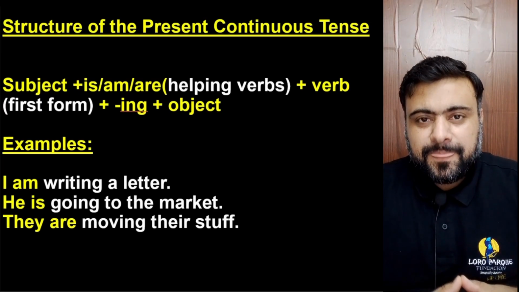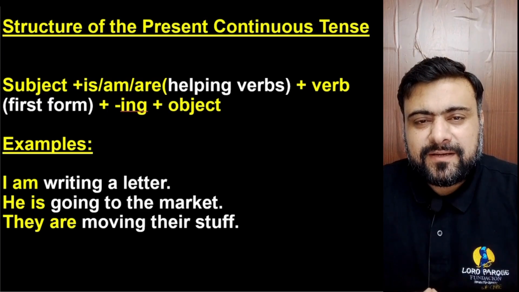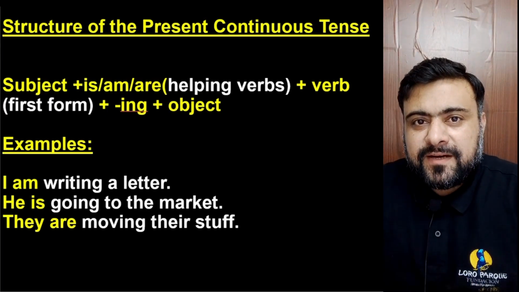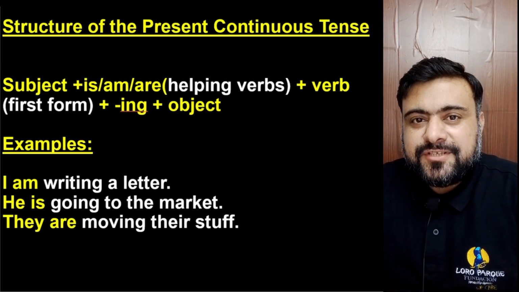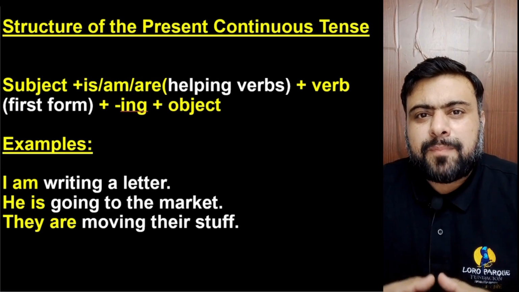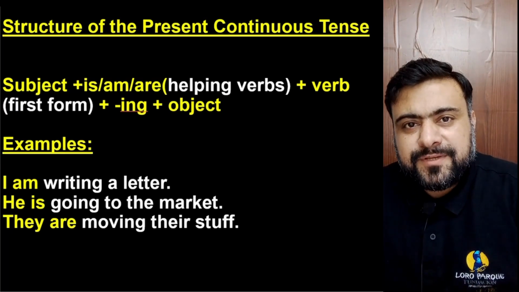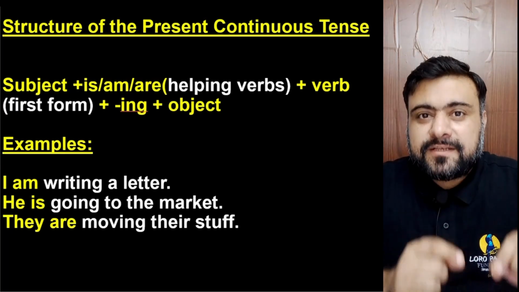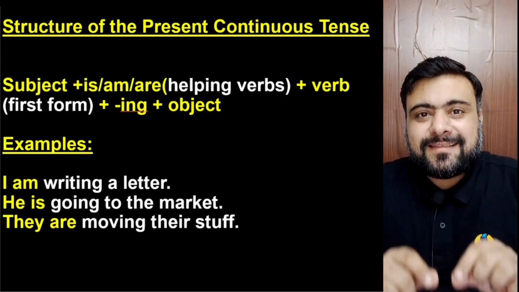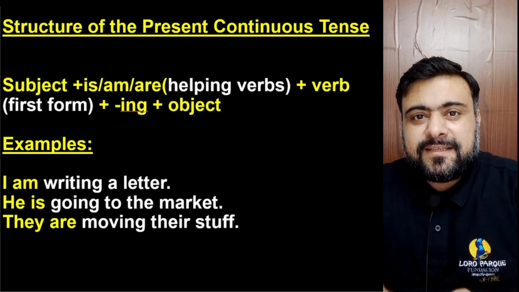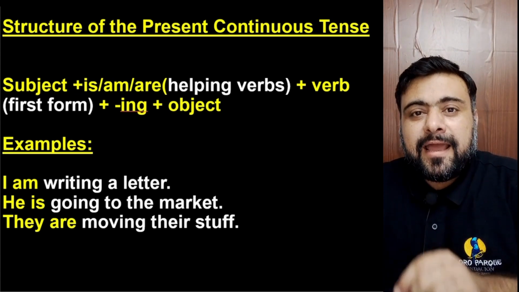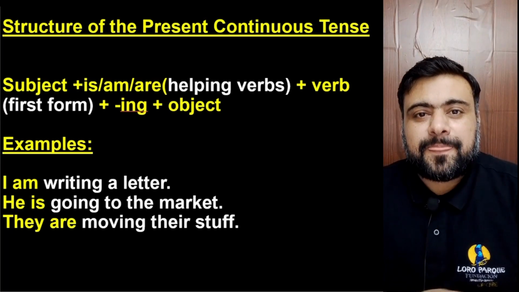So, subject plus the helping verb plus the verb with an ing, which is also called the participle, plus the object.